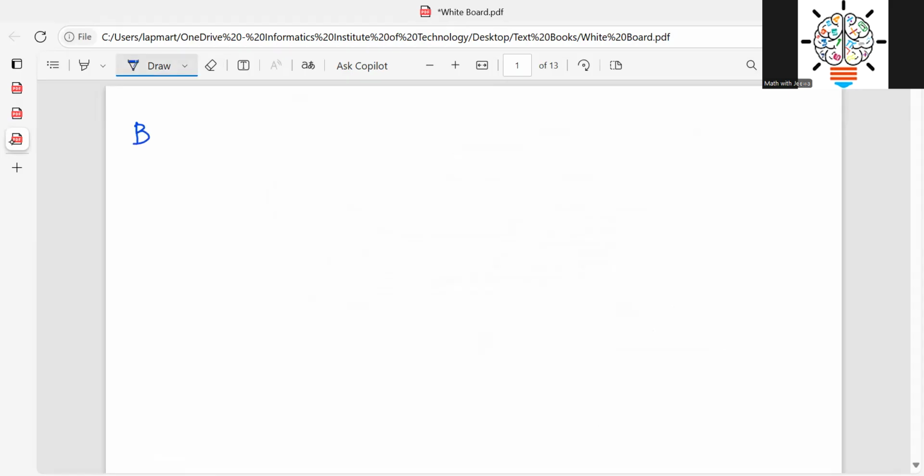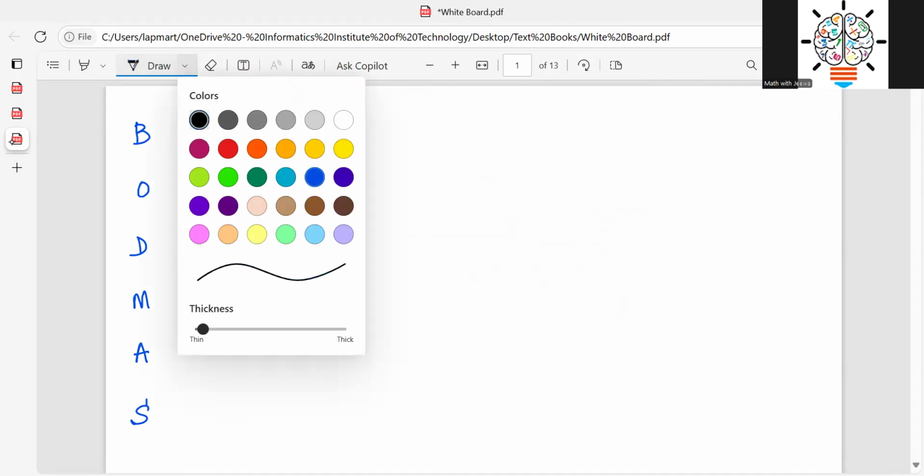Some textbooks explain this as BIDMAS. Some say BODMAS, either O or E, both refer to the same thing written in a different way.